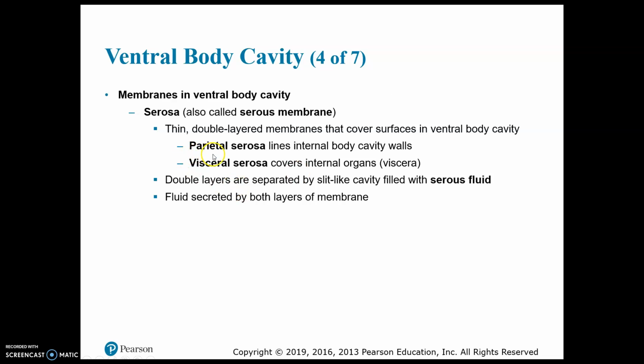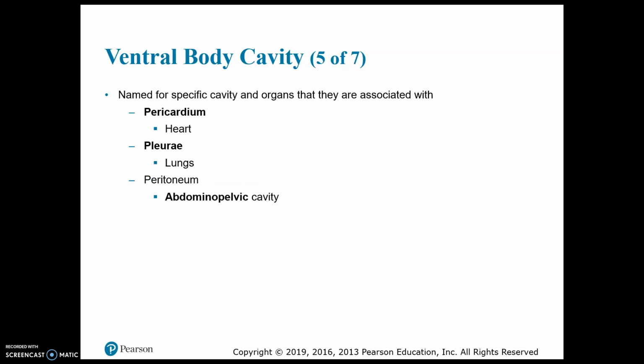And each of these serous membranes has a parietal layer and a visceral layer. The parietal layer is on the outside, the visceral layer covers the organs, and in between those layers is a cavity filled with serous fluid. So the three membranes are the pericardium, which houses the heart, the pleura, which houses the lungs, and the peritoneum, which houses the abdominal organs in the abdominopelvic cavity.